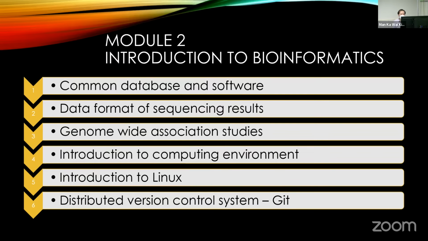The last point is how to use Git, a distributed version control system. With this system, you can later download software and scripts developed by others, and then you can also modify or further develop those scripts based on your own needs.